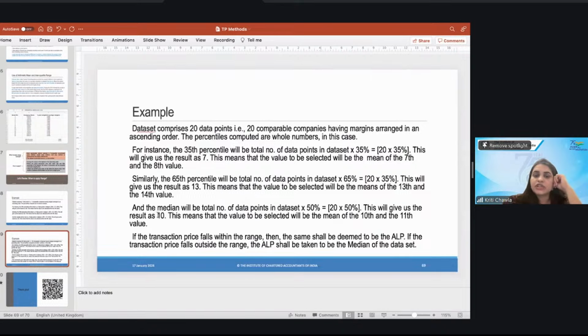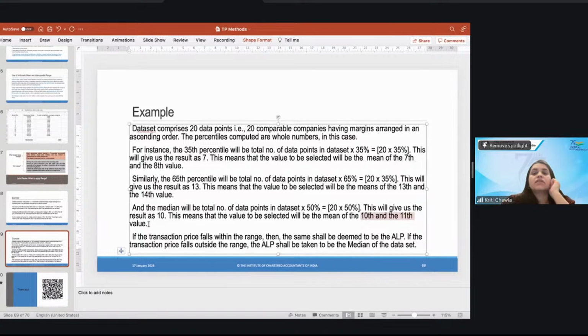And what is the median? It's going to be 10. So that basically means it's going to be the arithmetic mean of the 10th and the 11th value, that will be the 50th percentile in case of whole numbers. So this is how you actually calculate the margin.